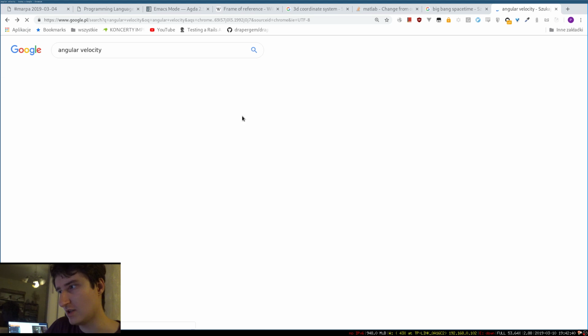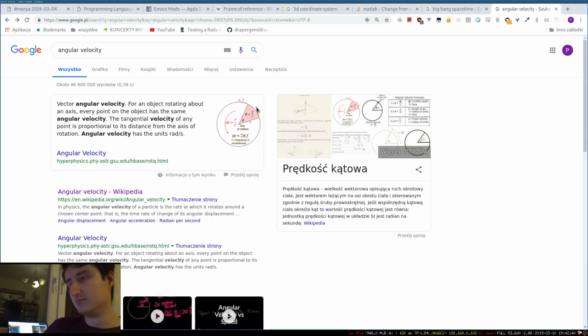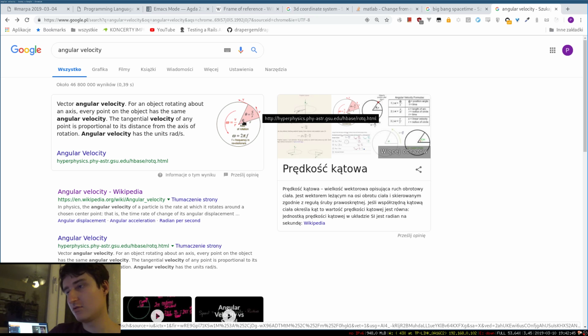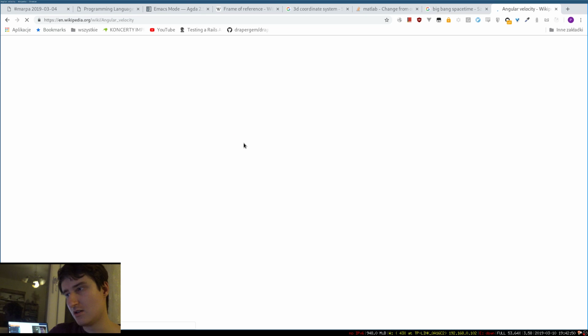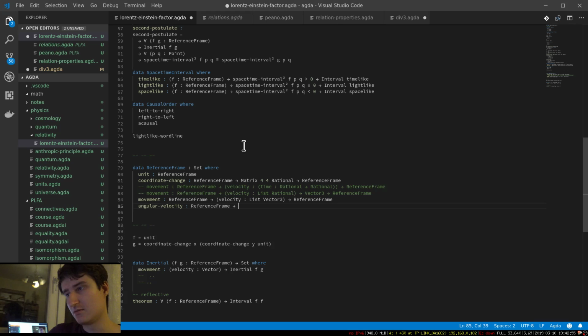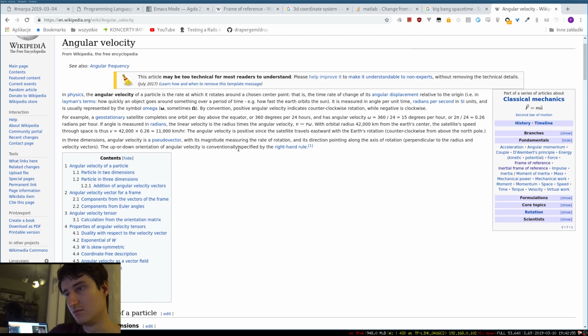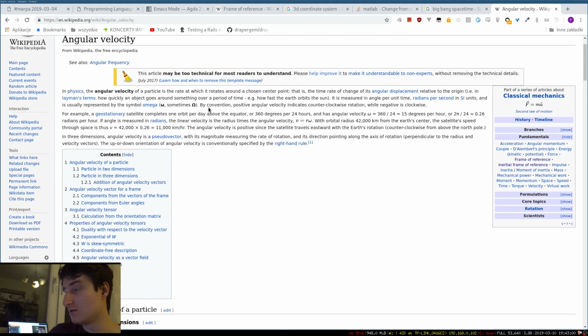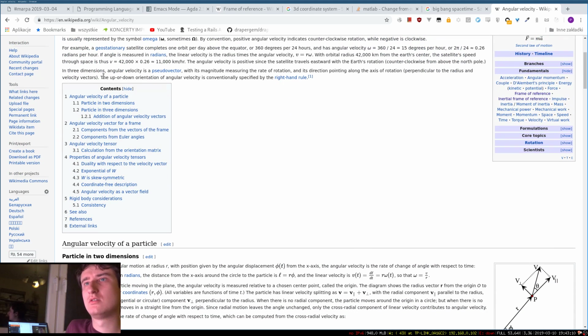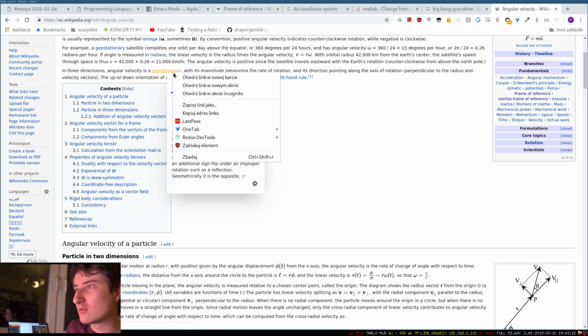I mean, we could have this vector to describe rotation. Okay, we would have axis and frequency. Usually represented in angle. In 3 dimensions it is a pseudo vector, exactly.